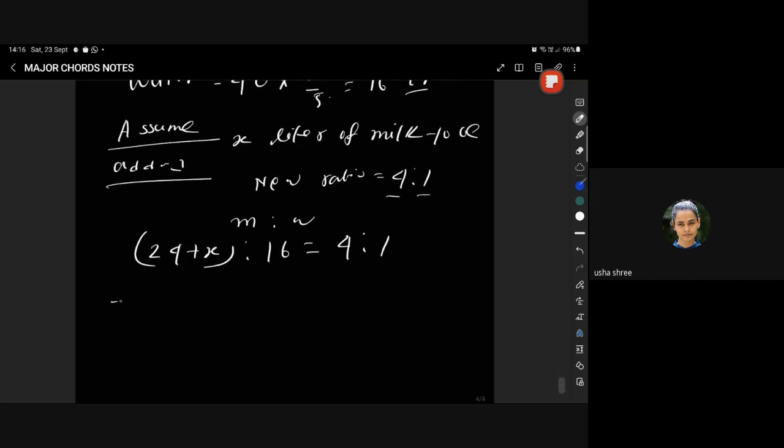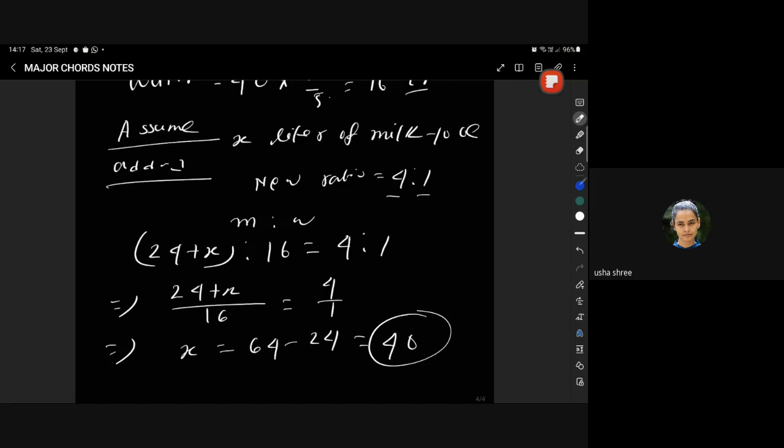So we can write it as (24 + x) by 16 equal to 4 by 1, which means 24 plus x is equal to 4 into 16. So x is equal to 64 minus 24, which is 40. So 40 liters is the answer.